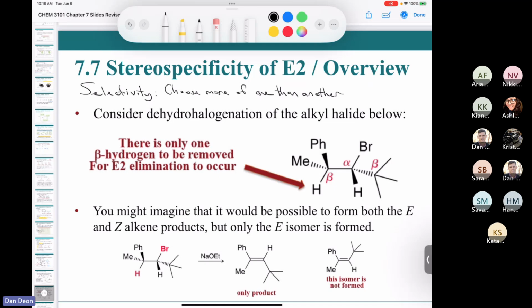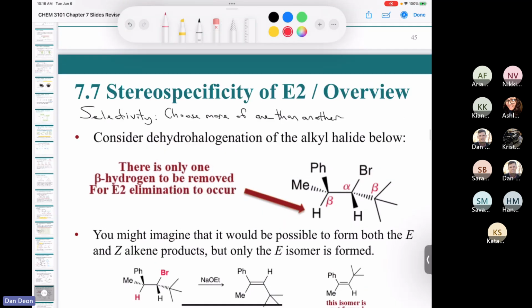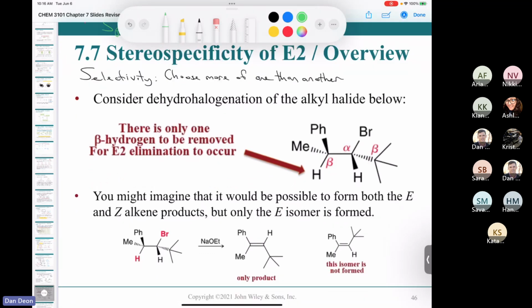But when we're talking about specificity, it means choose only one. So when a reaction is stereospecific, we're not going to end up with a mixture of cis and trans. We're going to end up with one or the other, the E or the Z compound.